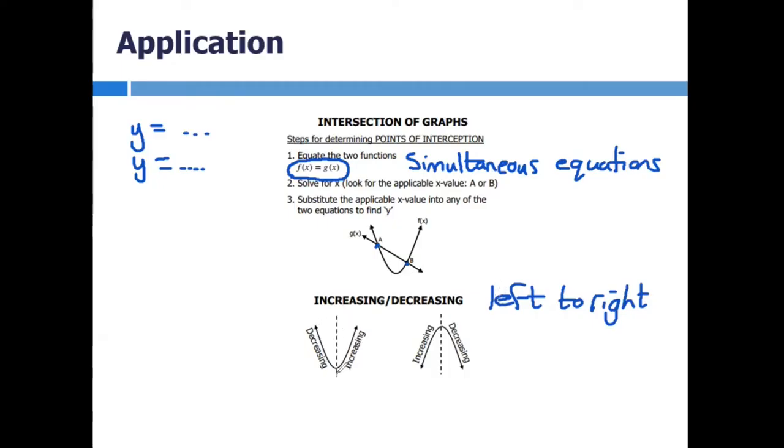So it doesn't matter how you draw the graph. From left to right, do you see that this part is going down? So we call it decreasing. That part is going down, we call it decreasing. The other part that I haven't highlighted from left to right is going up, and that's where it's increasing. Okay, they often ask questions on that.